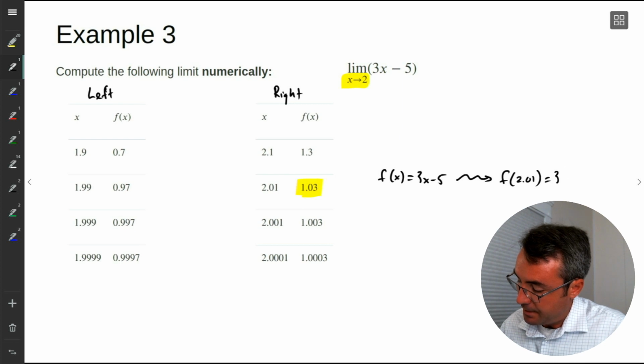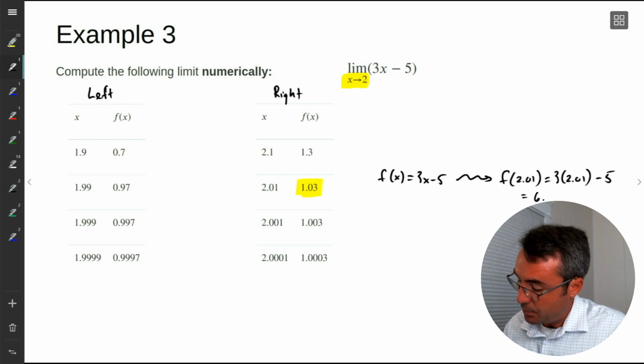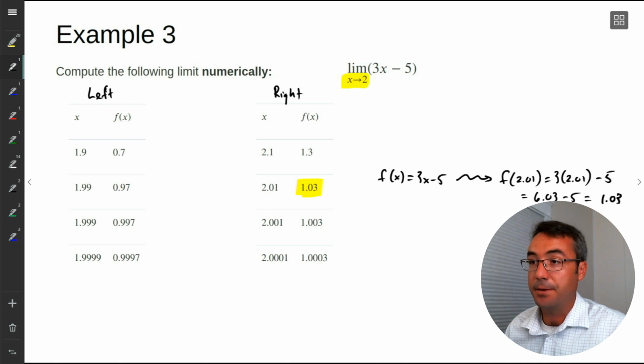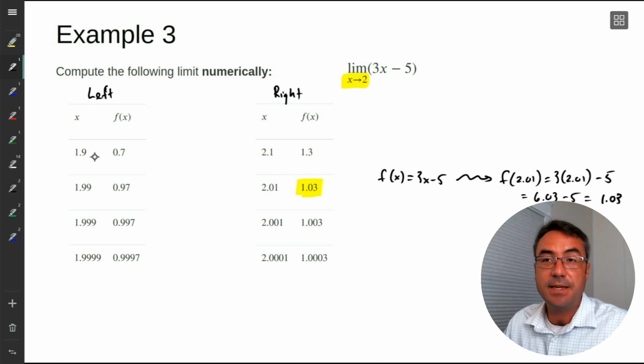So we get 3 times 2.01 minus 5. What is that? It's 6.03 minus 5, which is 1.03. So that's how we came up with this value here, and that's how you can do the rest of these. Take each of these input values, plug it into the function, in this case 3x minus 5, and just record what the result is.